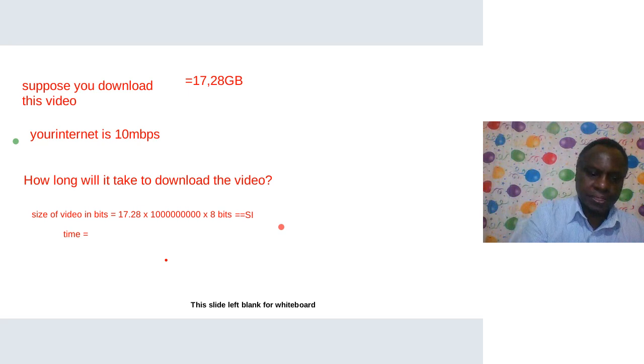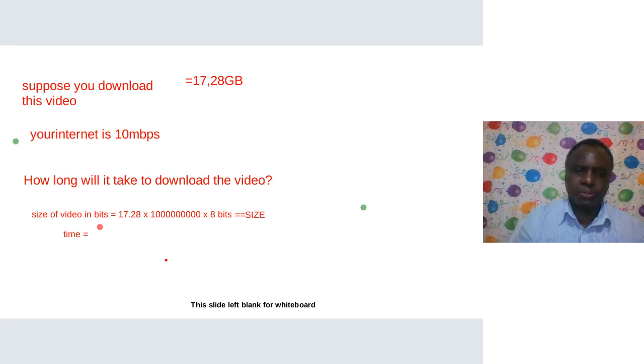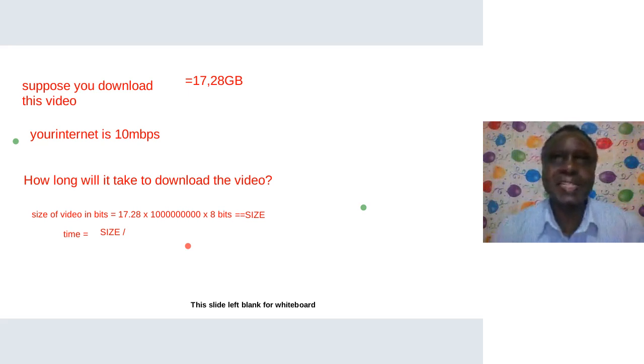So this is size in bits. What you need now to calculate your time is to get the size, which is the whole of these ones. You calculate all this. So time is going to be equal to size, whatever that value is, divided by, I'm going to use a slash for divide, 10 megabits.